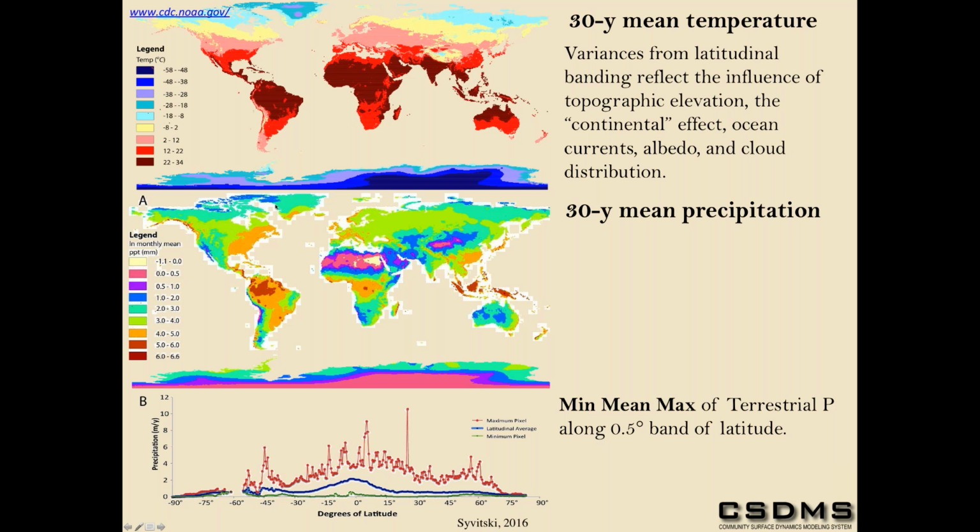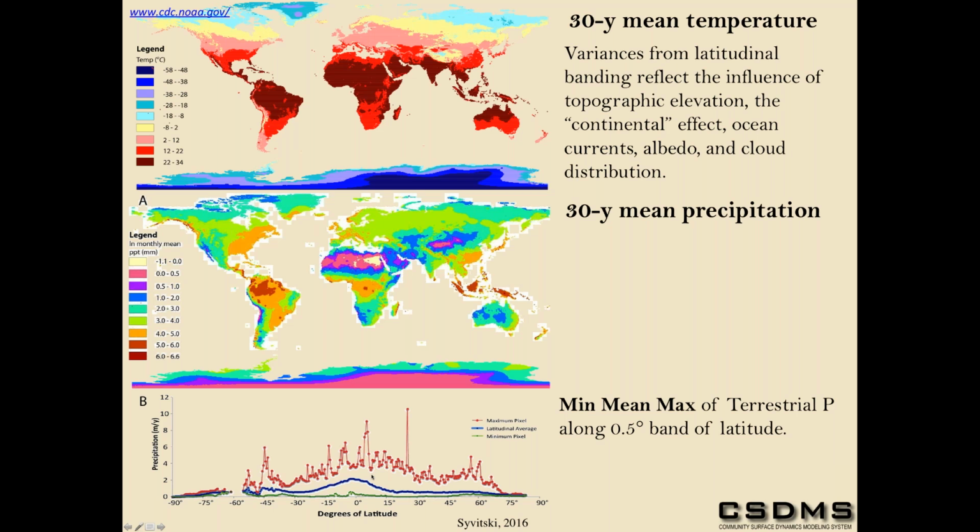That's not quite true for precipitation. In this middle panel, you see the mean precipitation on a log scale, in millimeters per month. You can see the intertropical convergence zone across the equator and the trade wind deserts of the world. You can also see the distribution is not following the banding very much at all.